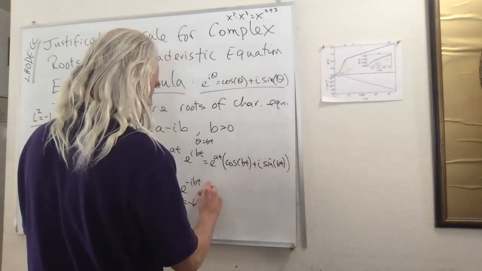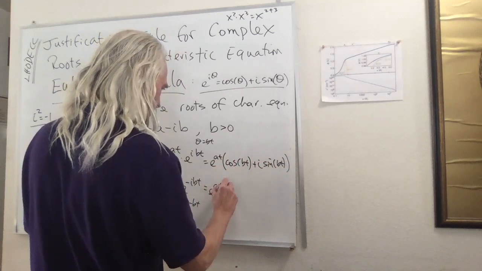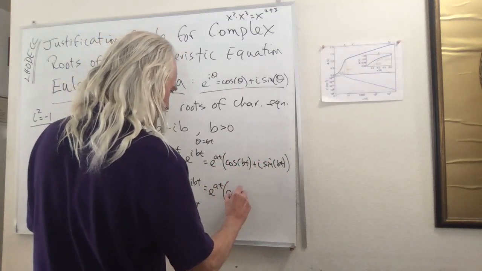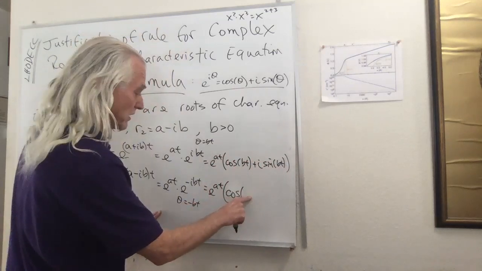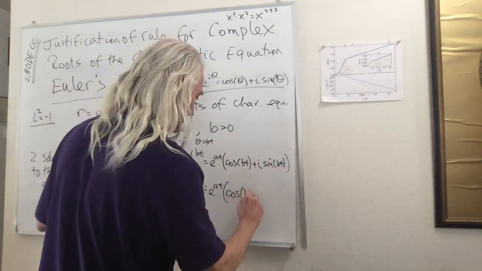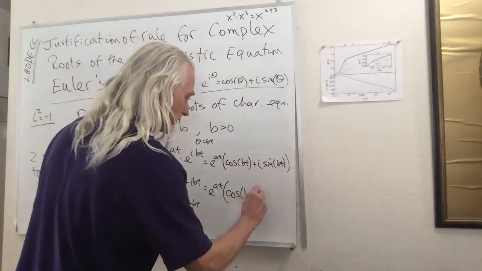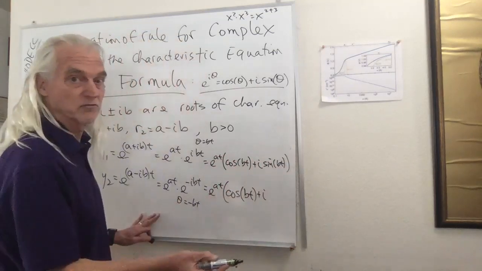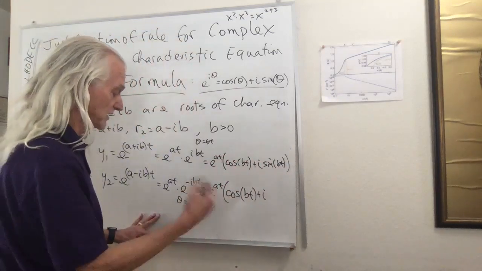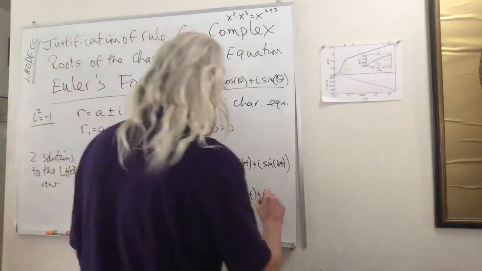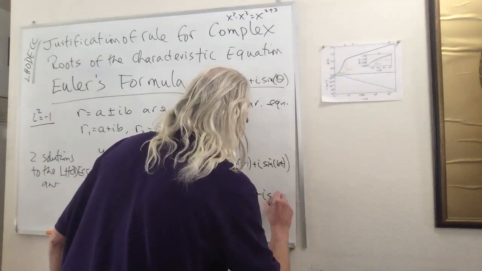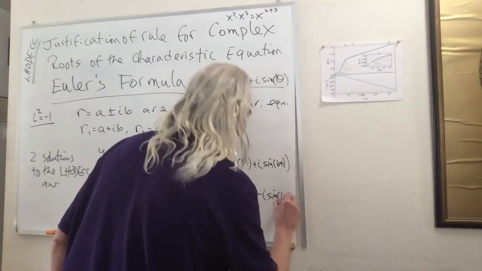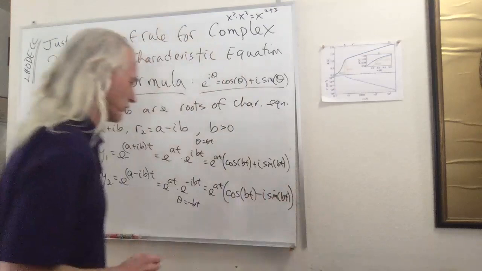And here I get e to the at times cosine of, well, I would put negative bt, but cosine is even, so that's just the same as bt. And I would put sine of negative bt, but sine of negative bt is negative sine of bt. So I put a minus sine of bt. And then I need to close that parenthesis.